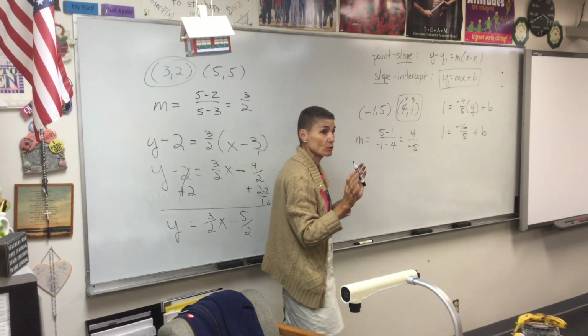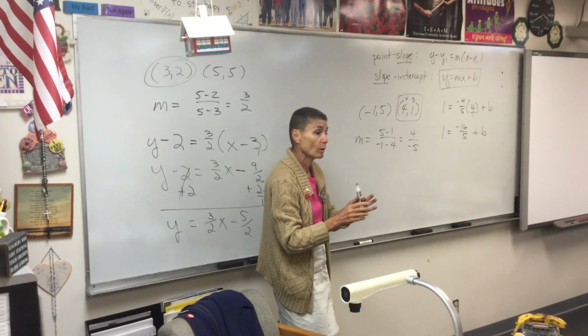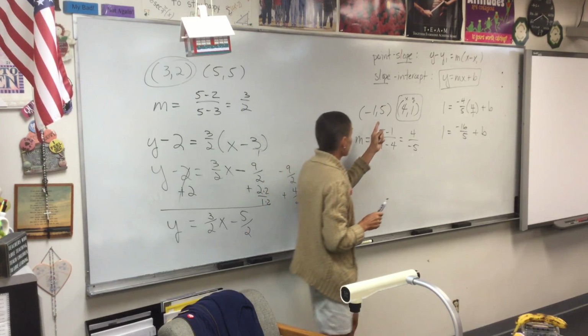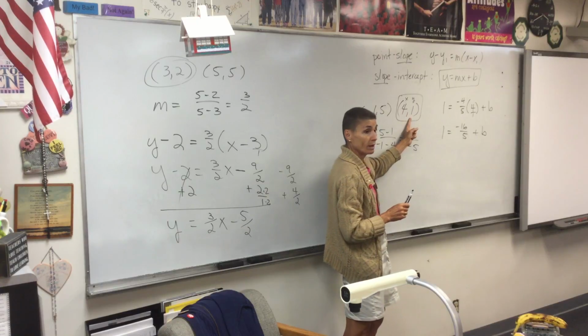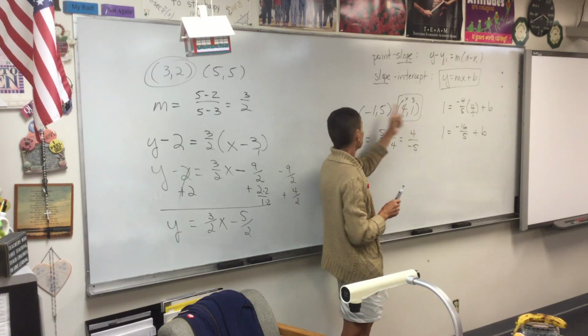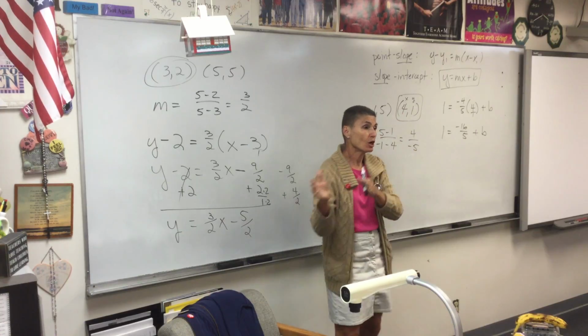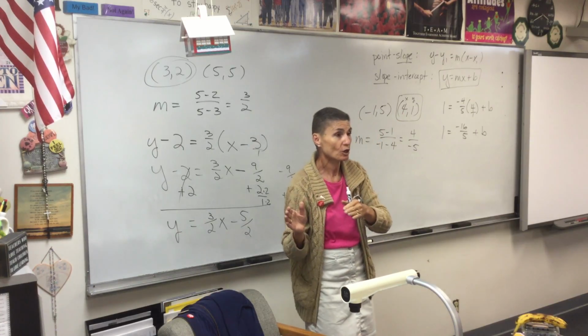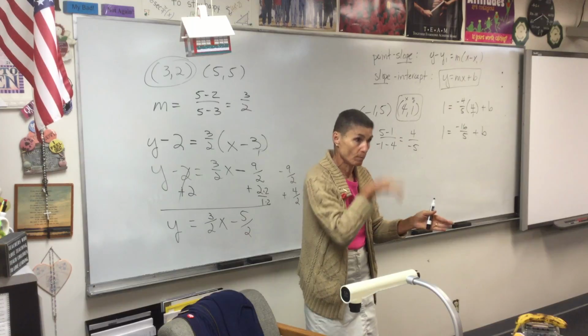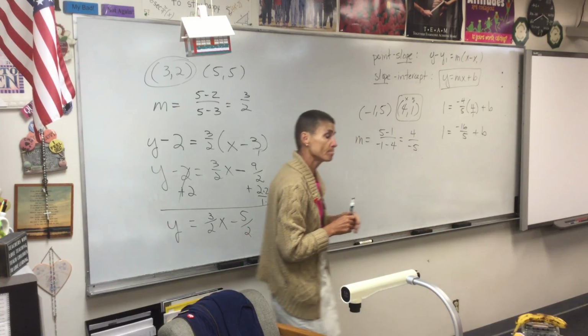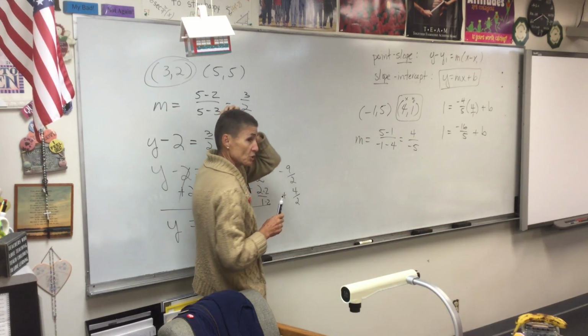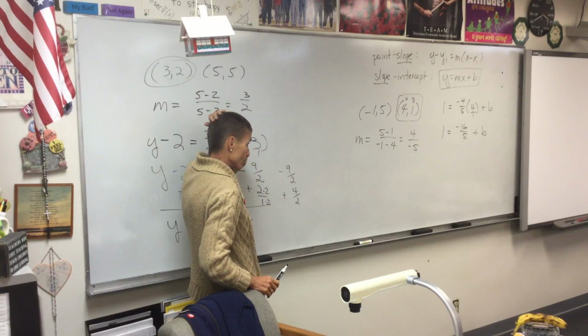It doesn't make any difference ever. You can always go both ways. The deal is, though, if I do 5 minus 1, then I have to do negative 1 minus 4. I can go in either order, but I have to go the same order for both x and y. Okay? Yeah, it will not change your answer at all.